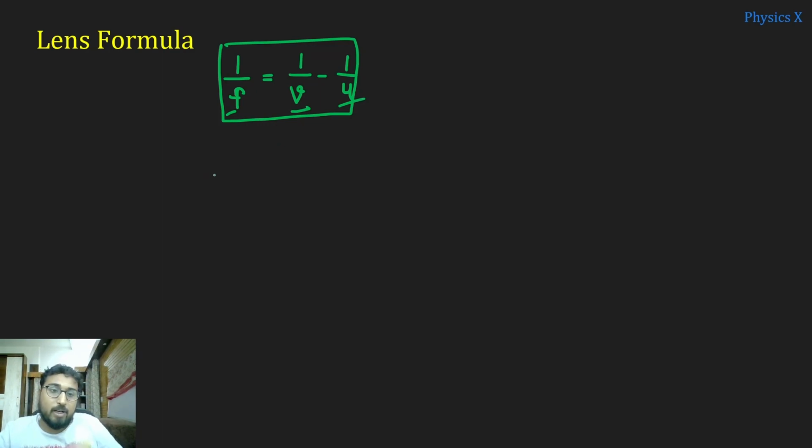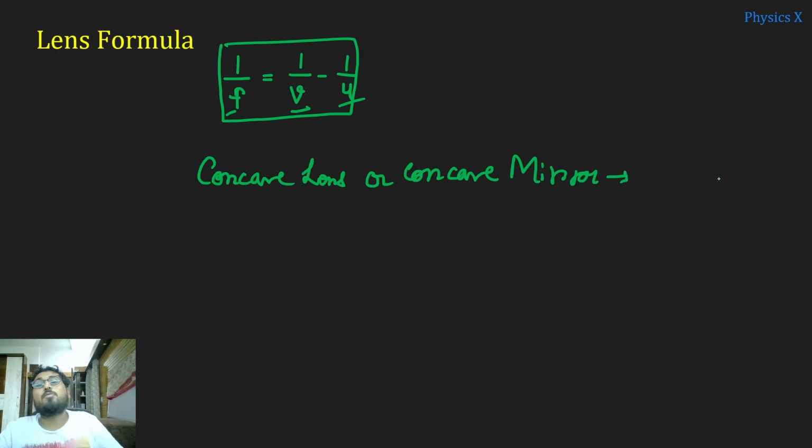I told you that for a concave lens, or a concave mirror, I will write it now correctly. Both concave lens and concave mirror have a negative focal length, right?